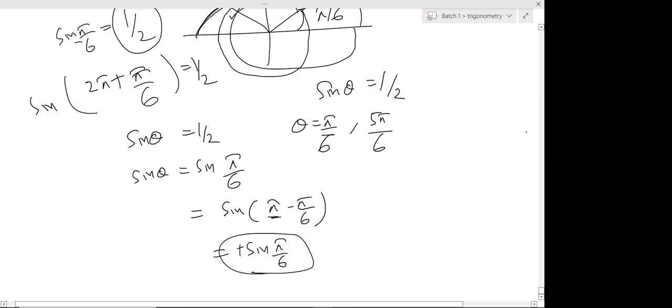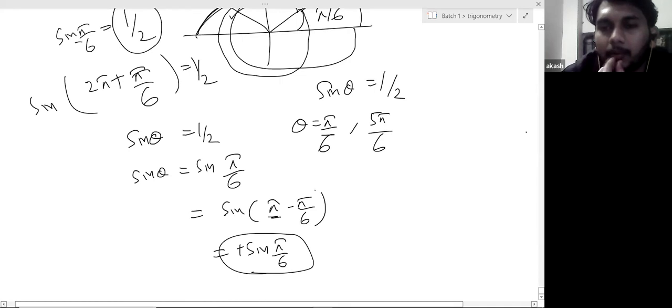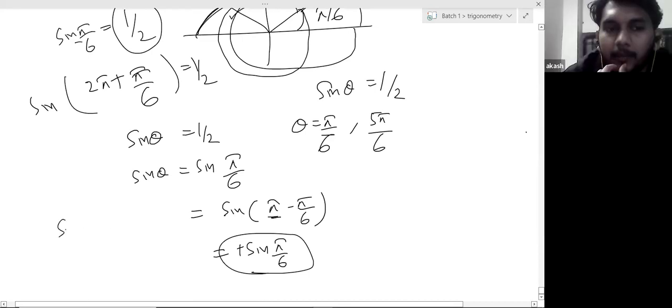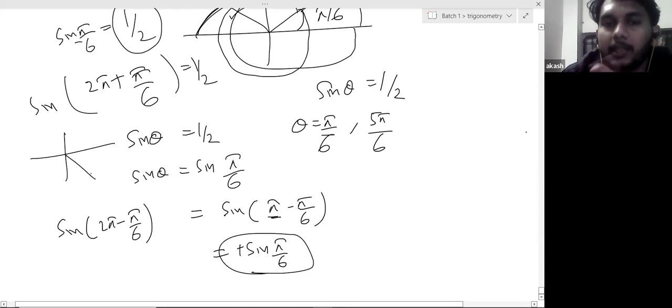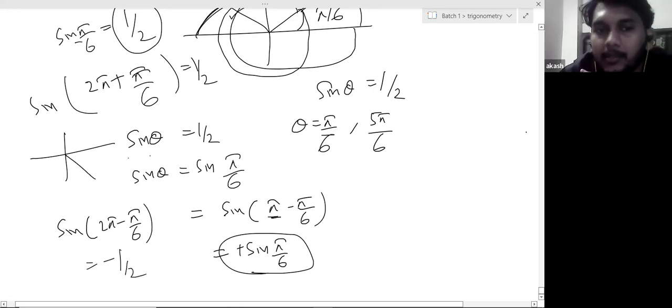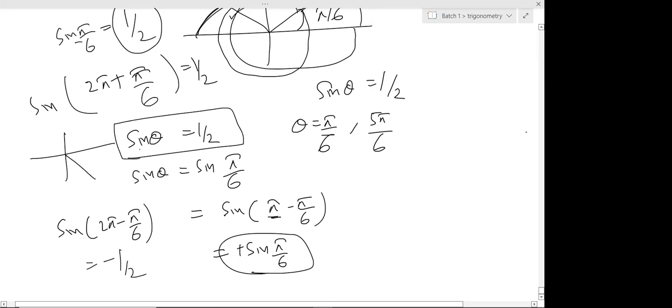But what if we consider 2 pi minus pi by 6? That is in the fourth quadrant, so sine has to be negative there, minus half. But the question says sine theta is equal to half. Clear?